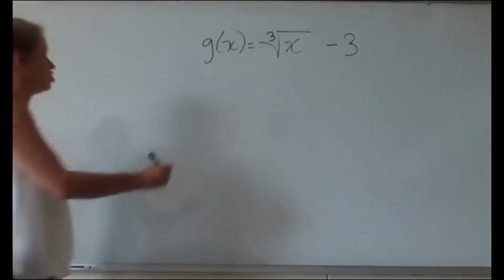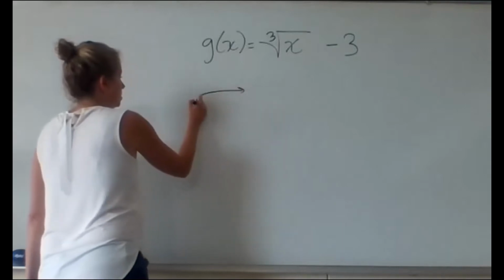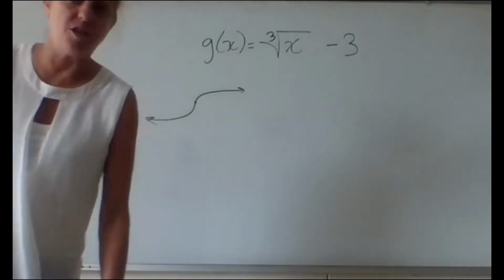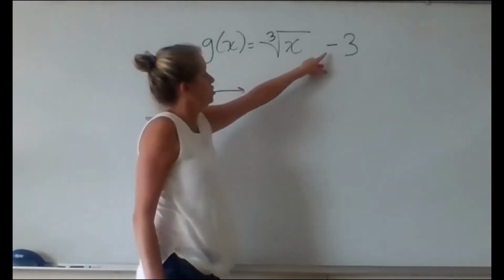So what do cube root graphs look like? They look like that. This is a multiple choice one also, so you're not going to be graphing. You're just going to pick which one does the correct shift.